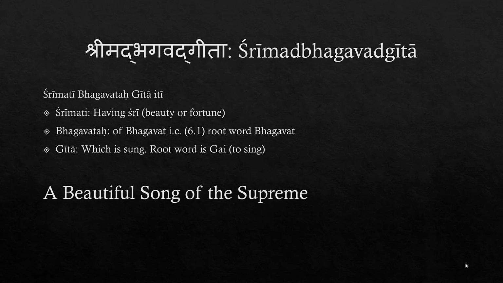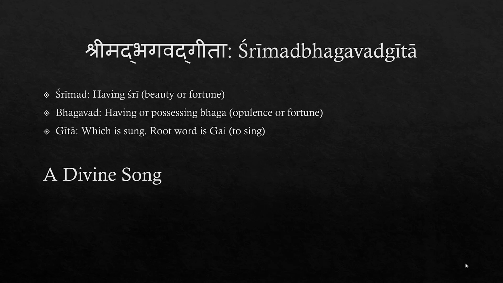In Gita again, which is sung, root word is Gai. So having this way of translating this word, we have the translation, a beautiful song of the Supreme. Now why do we have two translations? This translation is based on a samasa rule, and the previous one is as a straight translation.